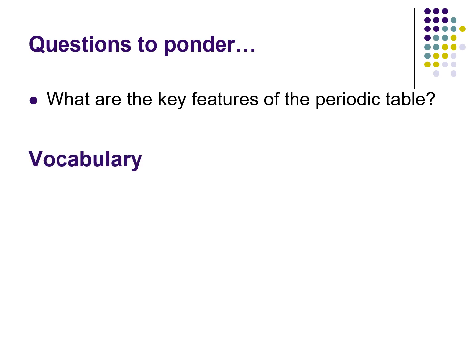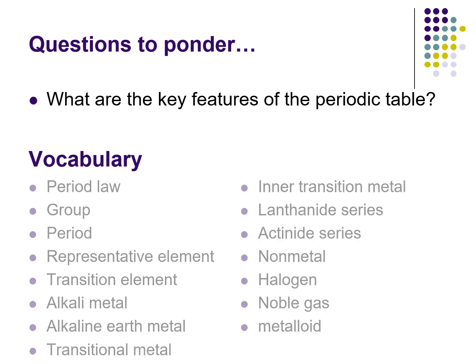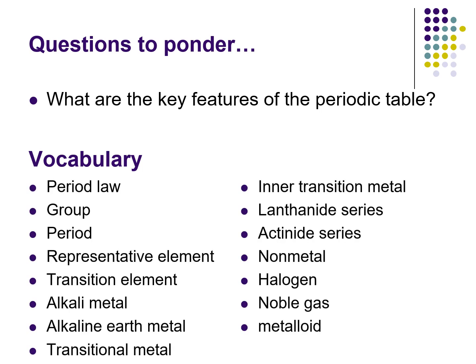Then we will encounter vocabulary words such as periodic law, group, period, representative element, transition element, alkali metal, alkaline earth metal, transition metal, inner transition metal, lanthanide series, actinide series, non-metal, halogen, noble gas, and metalloid. These are the vocabulary words that we will encounter as we discuss our topic for today. We will go through them one by one later.